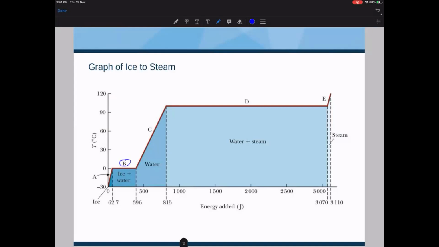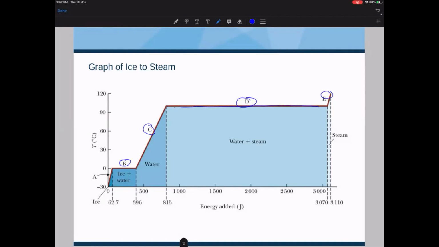After all the ice is melted, it becomes water, so it continues to absorb heat energy and temperature increases until 100 degrees C, where once again phase change occurs, but this time from liquid into gas. So no temperature change, but heat energy is absorbed as latent heat of vaporization. Finally, all the water is converted into steam. When you keep on putting in heat energy, the steam keeps on increasing its temperature.